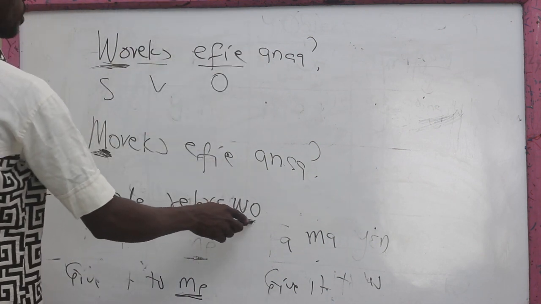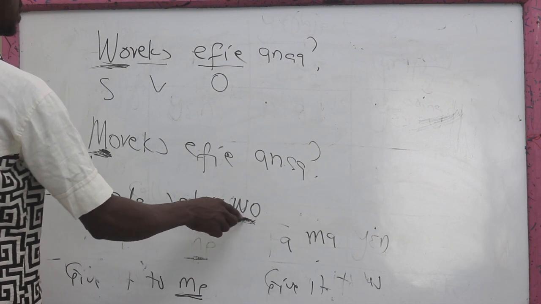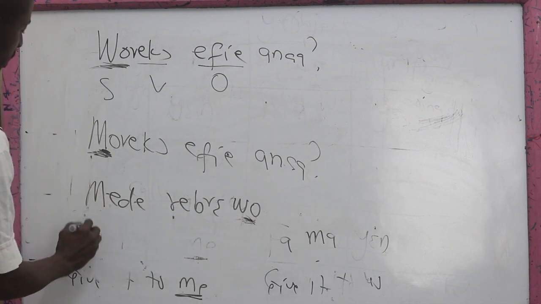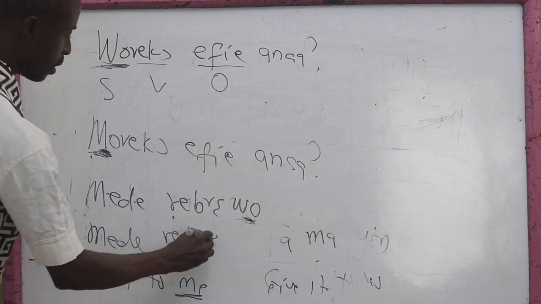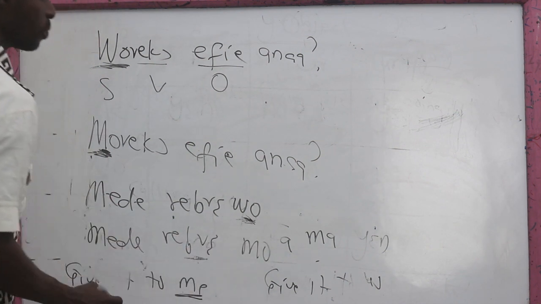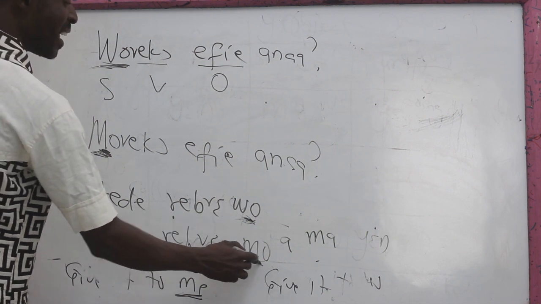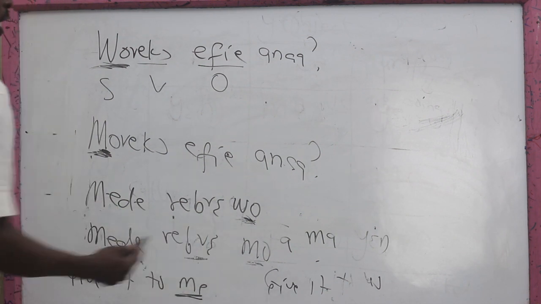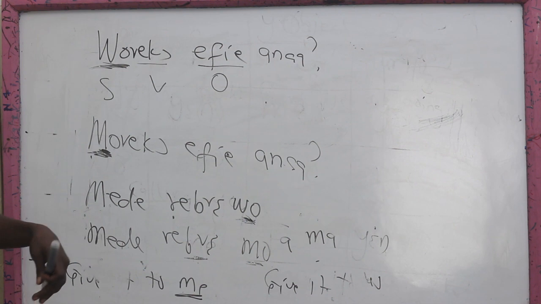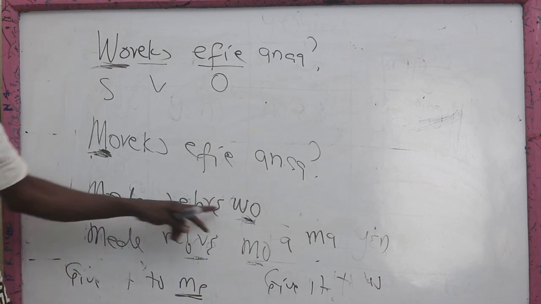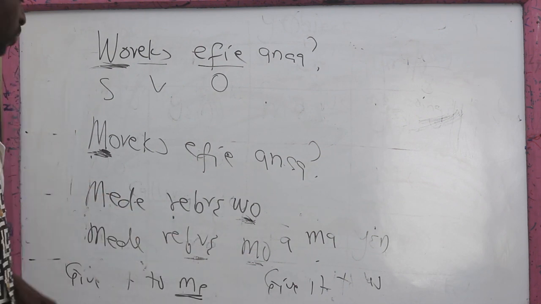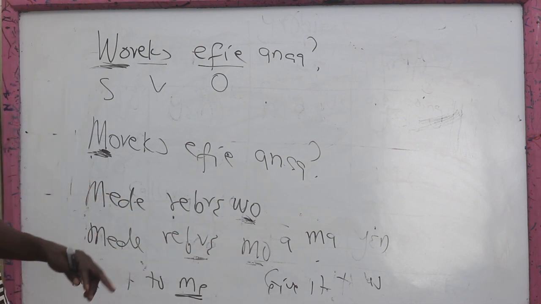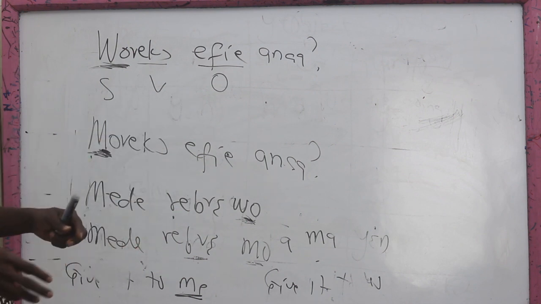This wo is an object singular, and mede bre mo, I'm bringing it to you. The same thing, but this is plural. Mede bre wo, as in singular, just a single person, I'm bringing it to you, just one person. And mede bre mo, I'm bringing it to you, but this you is plural.